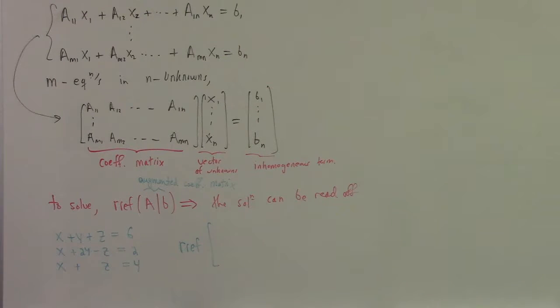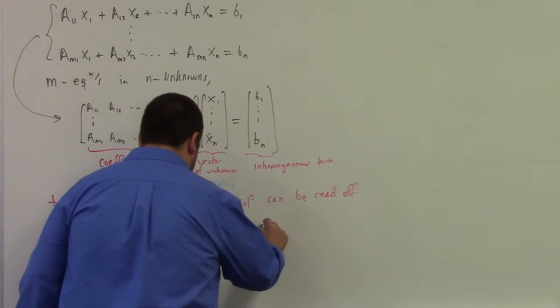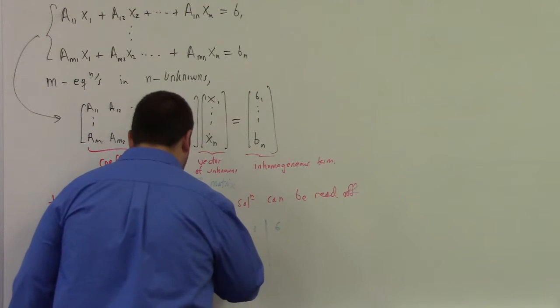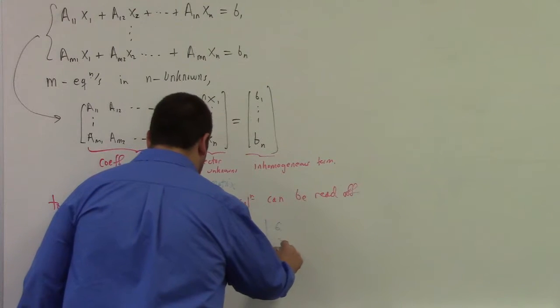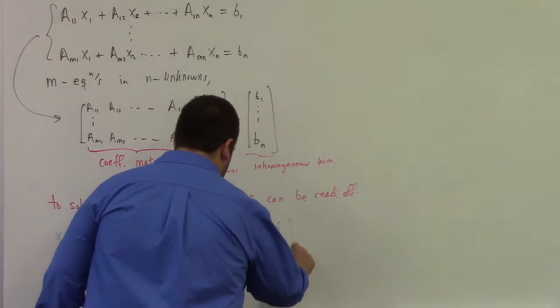So you calculate the reduced row echelon form of the augmented coefficient matrix. In this case, you do 1, 1, 1, 6, 1, 2, minus 1, 2, 1, 0, 1, 4.